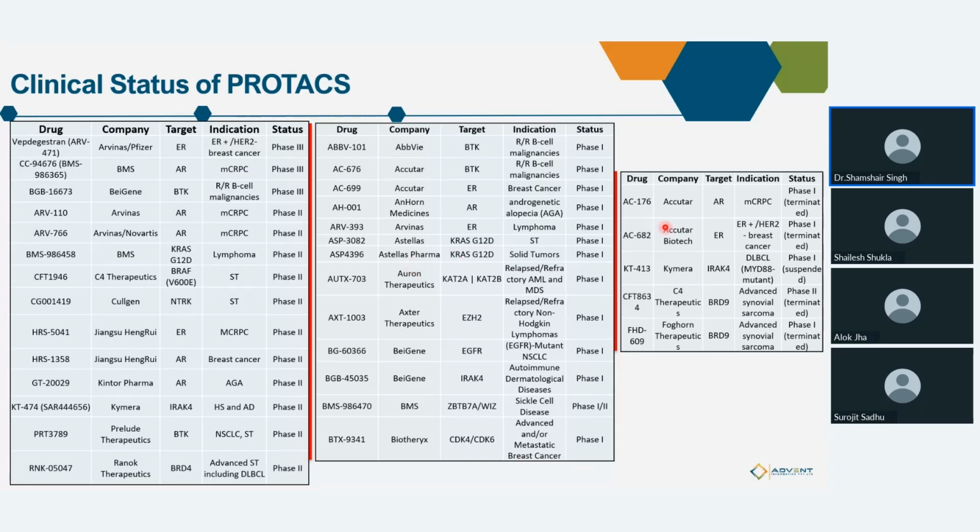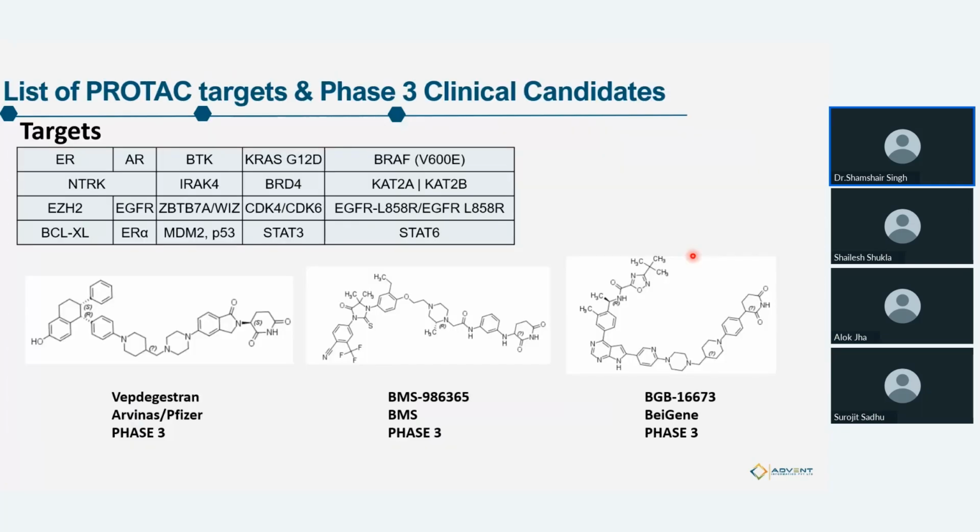And these are a few molecules which were terminated in phase 1, maybe due to lack of efficacy, or certain other contraindications. Again, this is the list of PROTAC targets and phase 3 clinical compounds. What are the different targets we have seen?